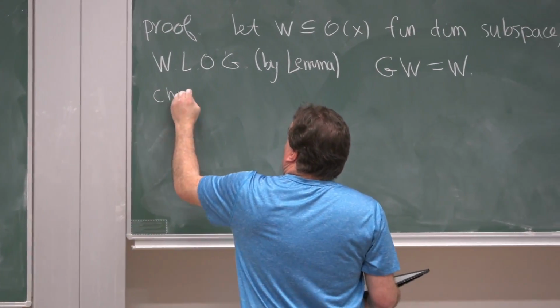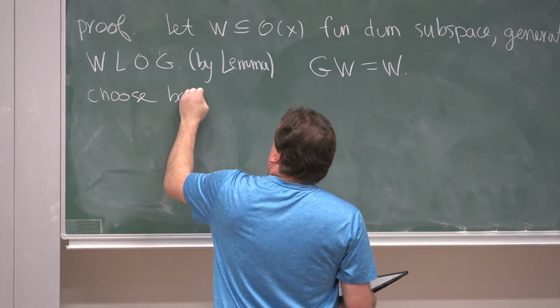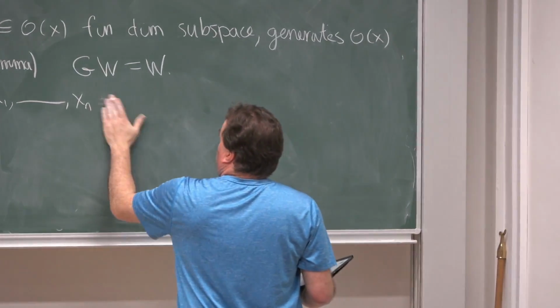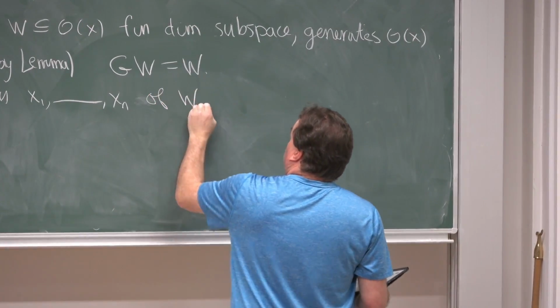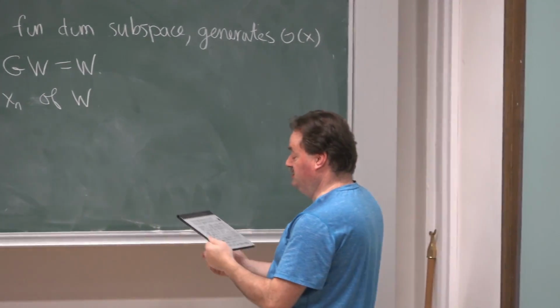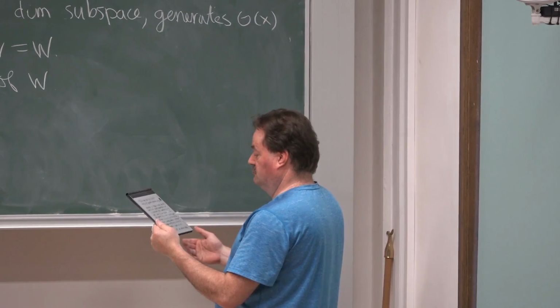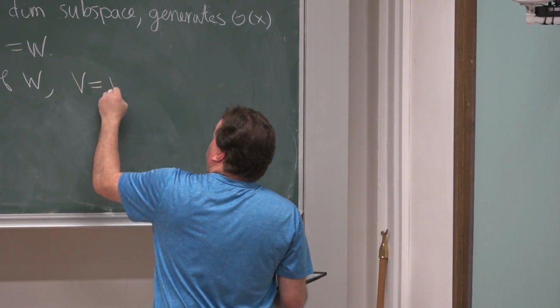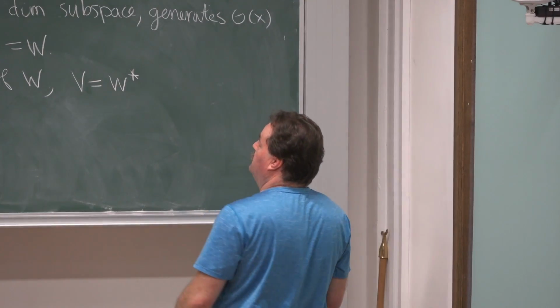Now we choose a basis of W. So n here is the dimension of the space W. And this V that I'm going to construct is the dual space of W.